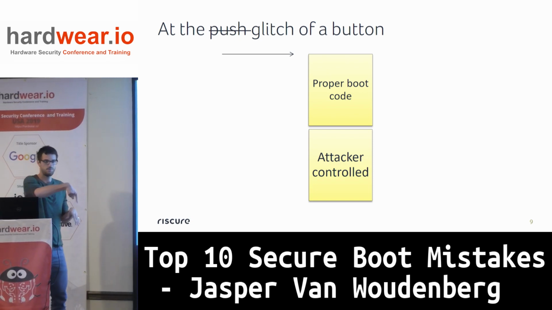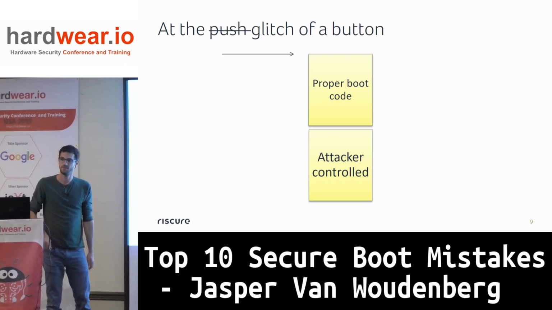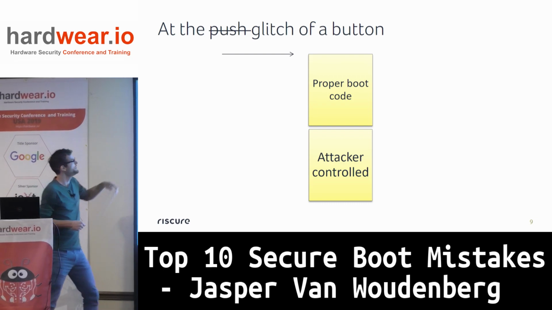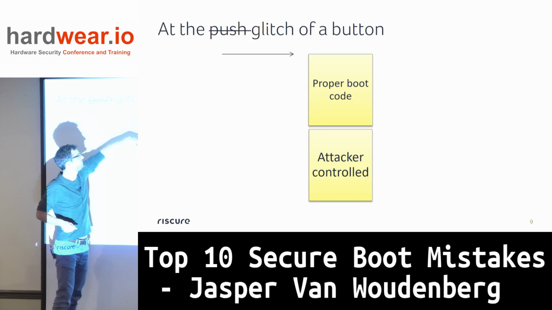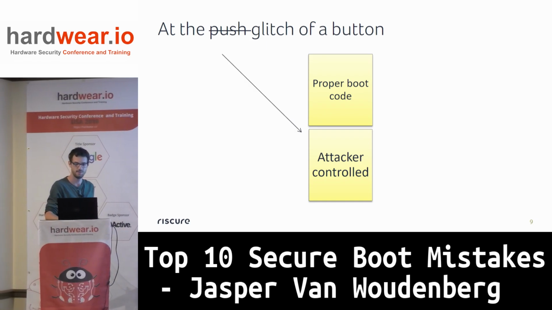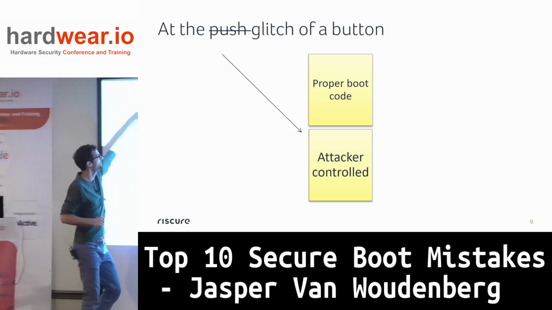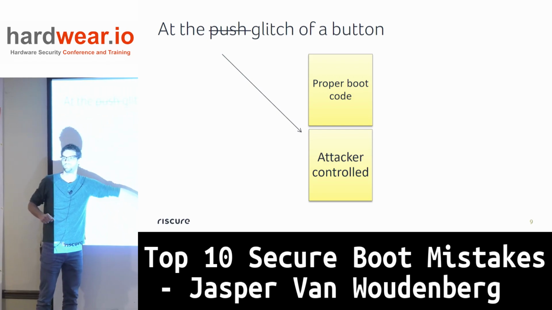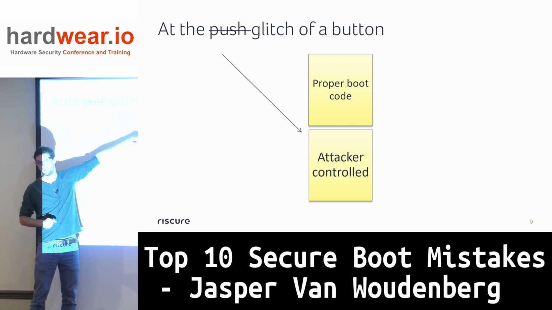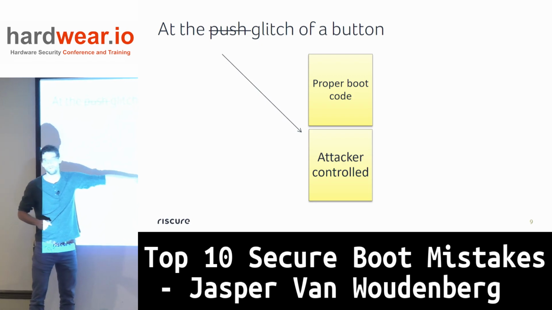So we soldered a wire onto that address bus and put a little physical button on it. While this thing is executing and booting, if you press the button, we pull that line high and instead load code from this page. So even though this was all properly signed and verified, during execution we just popped it over.